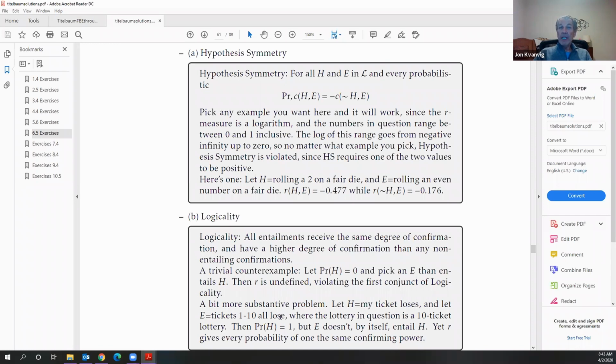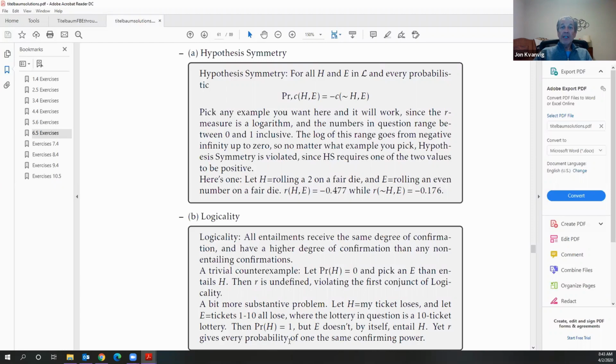So tickets 1 through 10 all lose tells you that the probability that your ticket loses in a 10-ticket lottery is 1. The probability is 1, but the evidence by itself doesn't entail that your ticket loses. It only entails it together with the claim that there are exactly 10 tickets in the lottery. So E alone doesn't entail that your ticket loses, though it does together with the information that this is a 10-ticket lottery with tickets numbered 1 through 10.